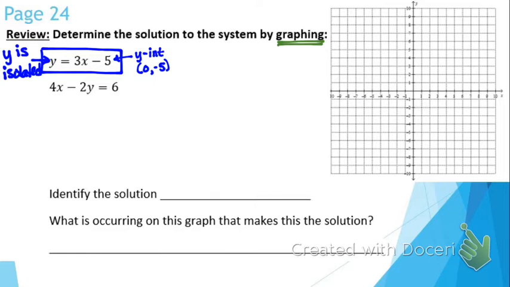And then where do I go from there? 3 over 1, so up or down 3? Up 3. Left or right 1? Why right? Because it's a positive. So up 3, right 1, until I run out of room.